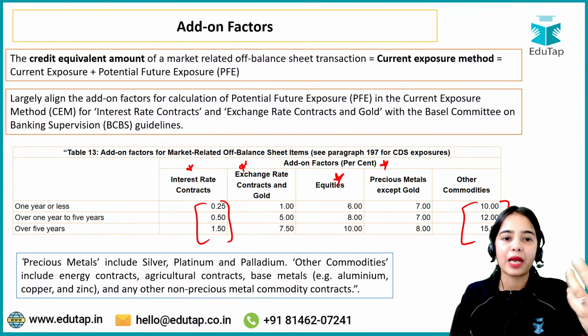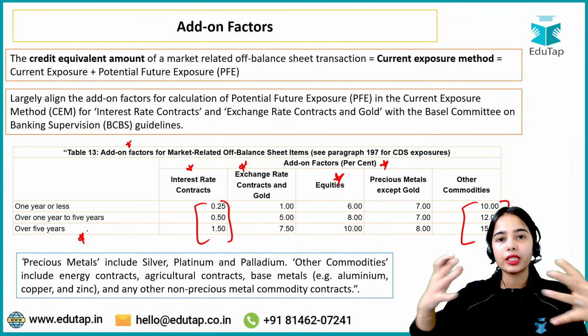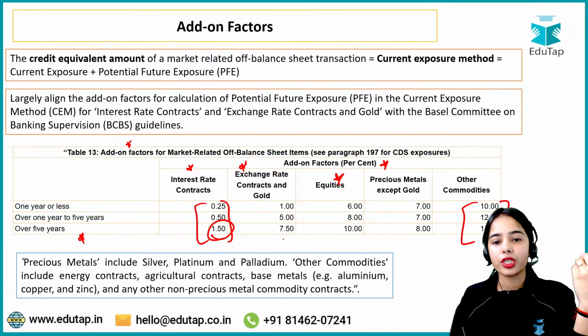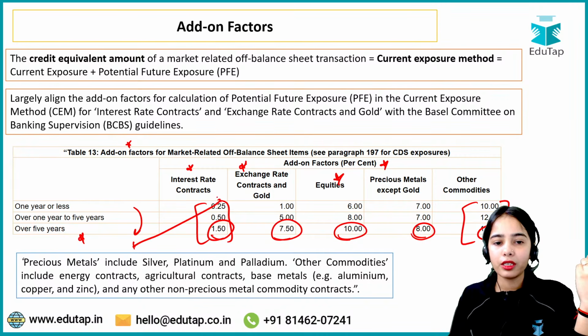They can be said to be the least risky, and that's why they have the least add-on factor. The larger the time period for the contract, the larger the add-on factor is.